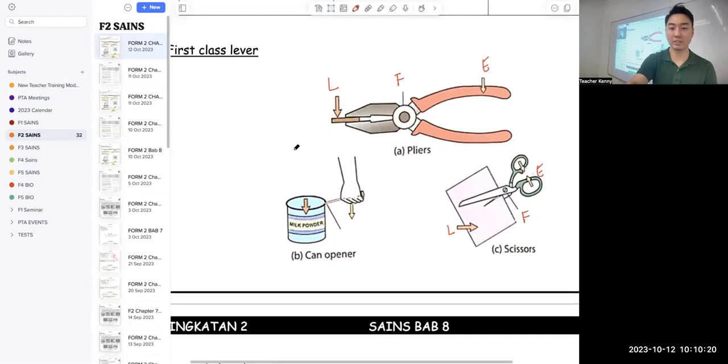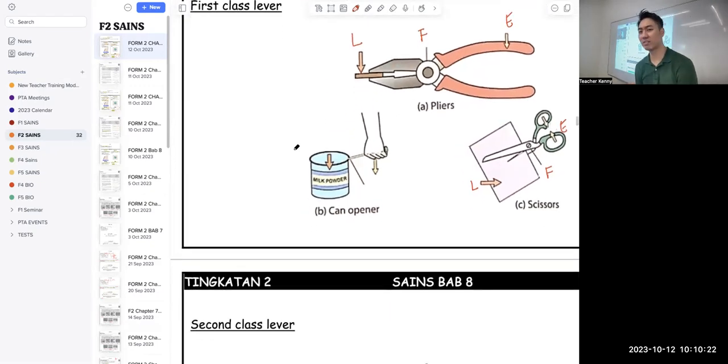Can opener. Where is the fulcrum? So if you want to see clearly, can opener. Let me zoom in a little bit more.